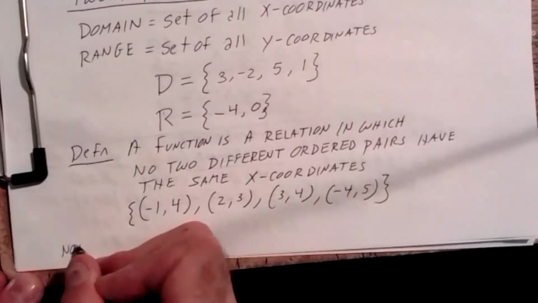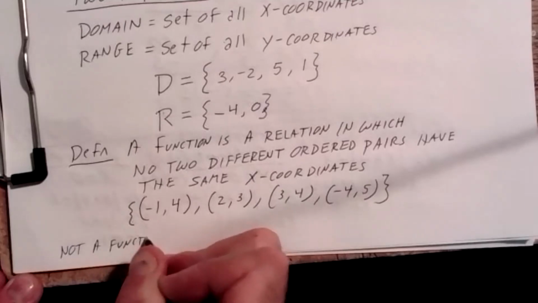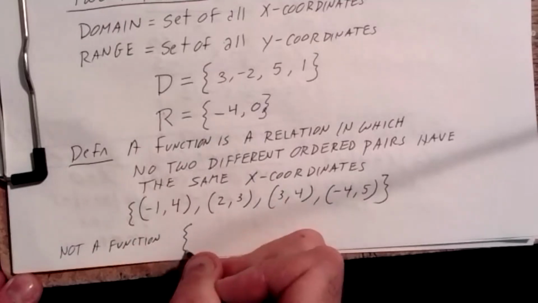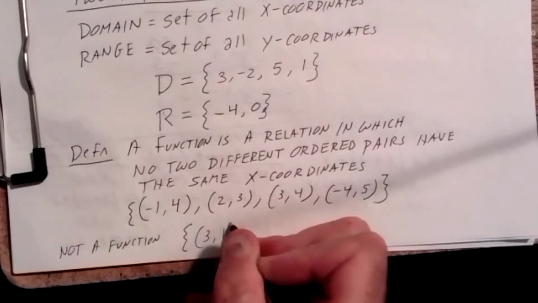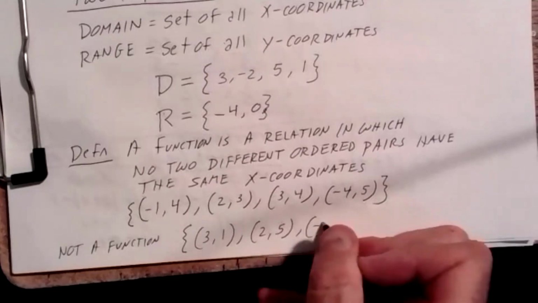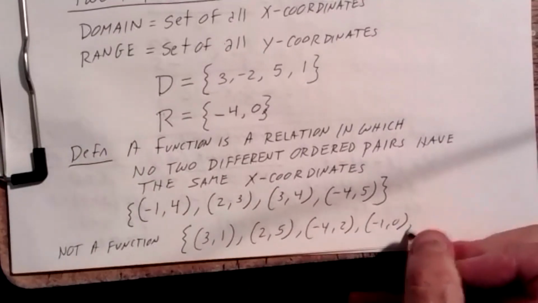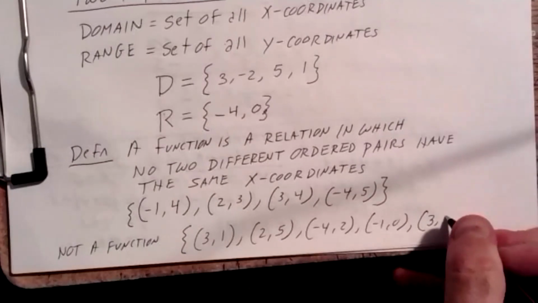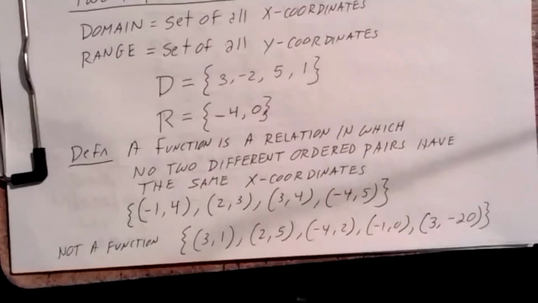This would be an example of a relation that is not a function, but only a relation. Why, ladies and gentlemen, is this only a relation and not a function?